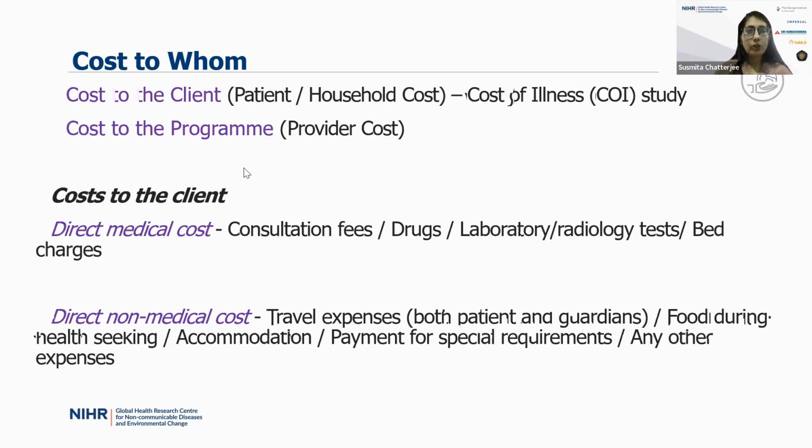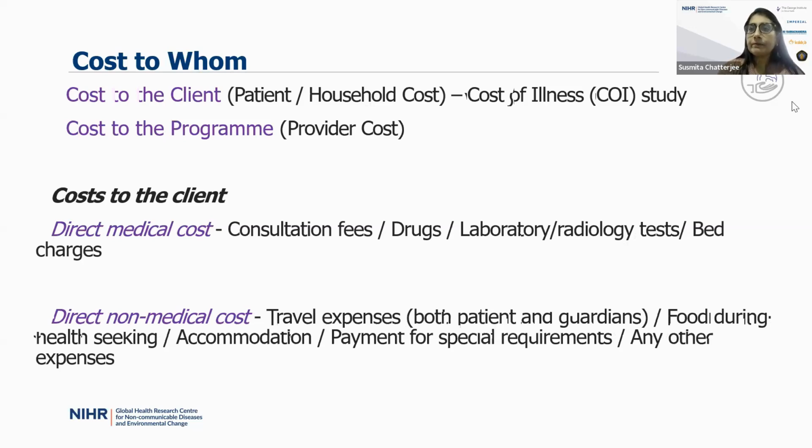So patient cost will have three different components. One is direct medical cost, which includes consultation, drugs, as I said. Then direct non-medical, which includes travel expenses, waiting time, accommodation, special requirements.